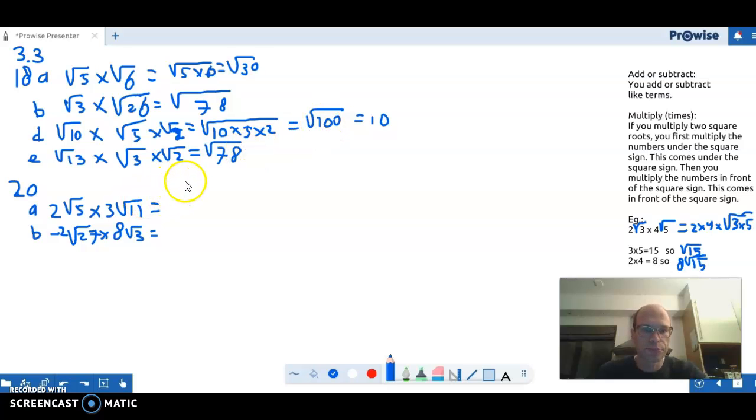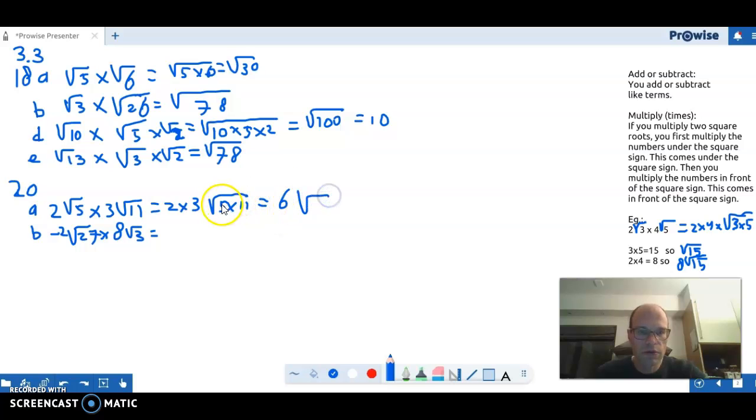Okay, and now with 20 we're going to put numbers in front of the square root sign. So what do we have over here? We have 2 multiplied by 3. That was in front of the square root sign, and then we have the square root sign, and then we have 5 multiplied by 11. And that is equal to, well, 2 multiplied by 3 is 6.